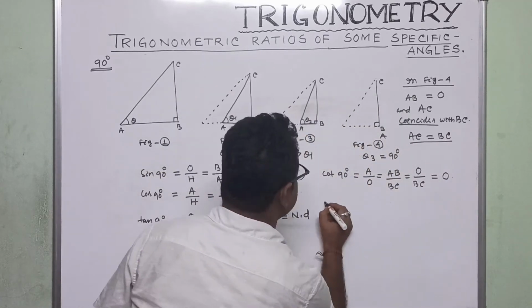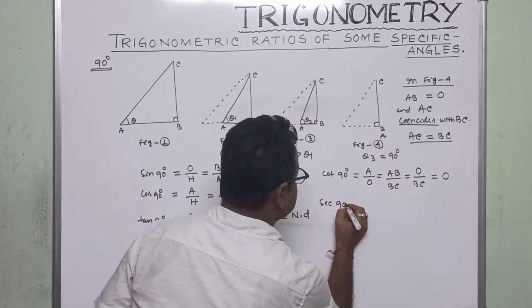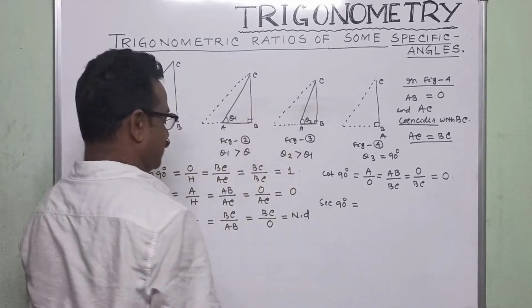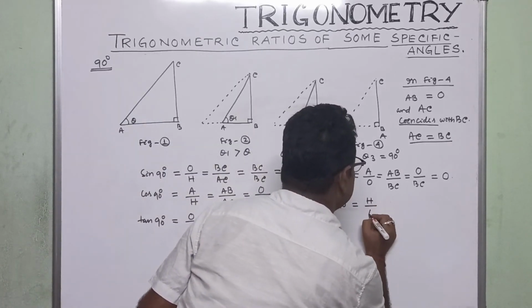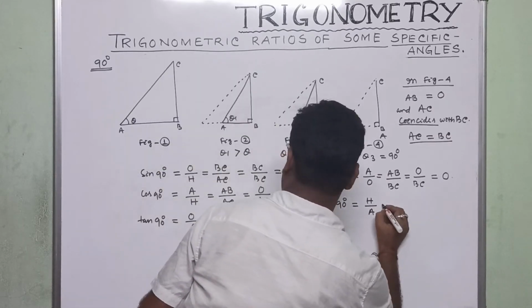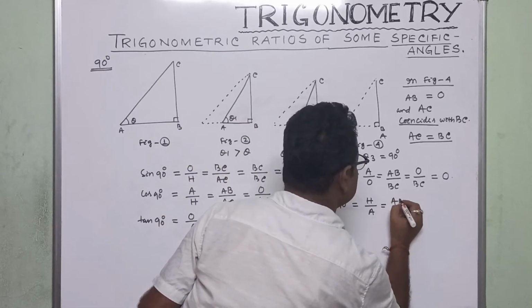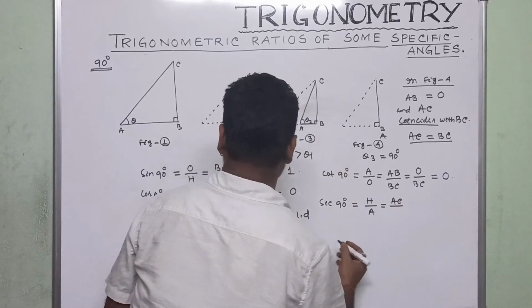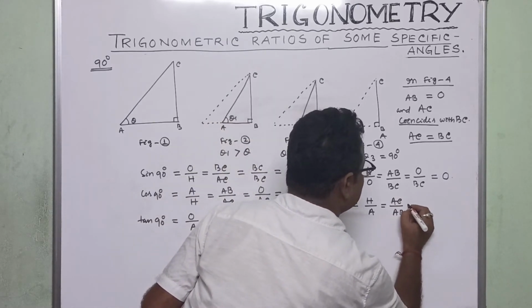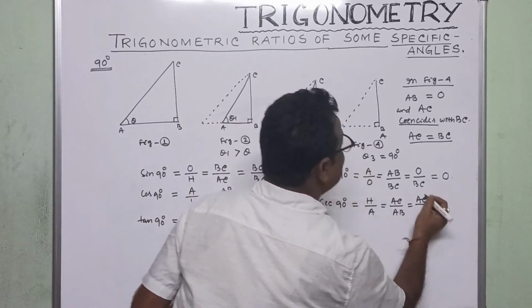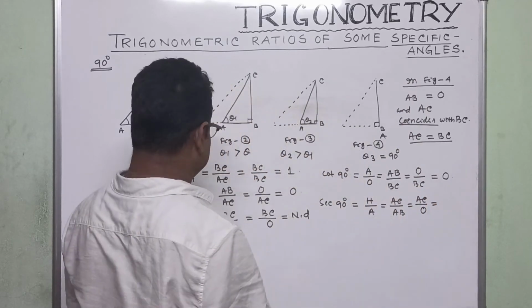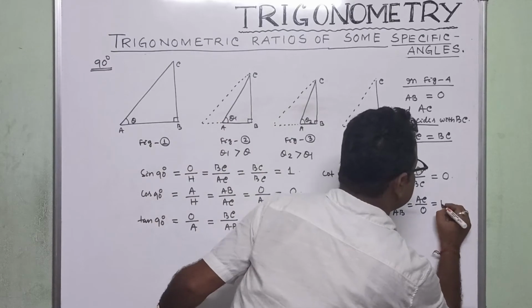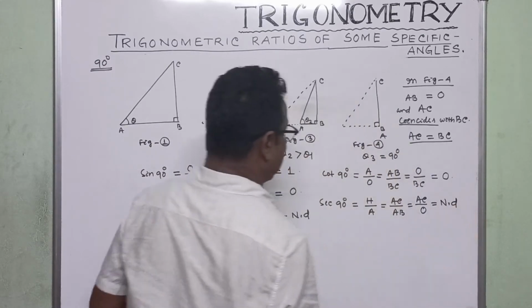Now sec 90 is hypotenuse by adjacent side, so AC by AB. AB is 0, so something by 0 is not defined.